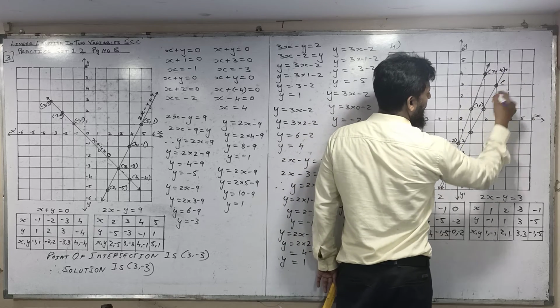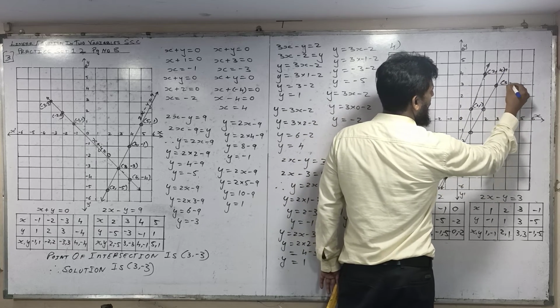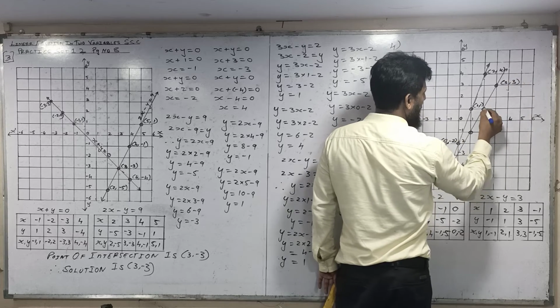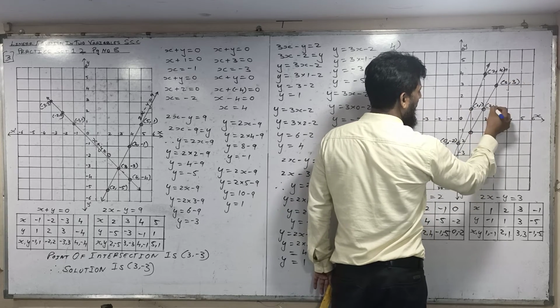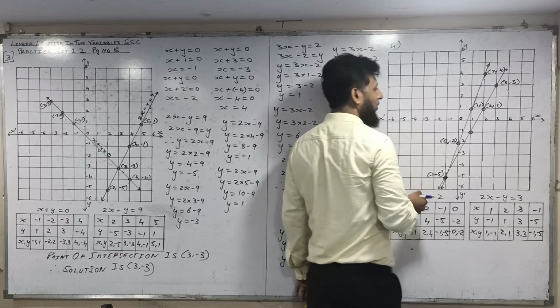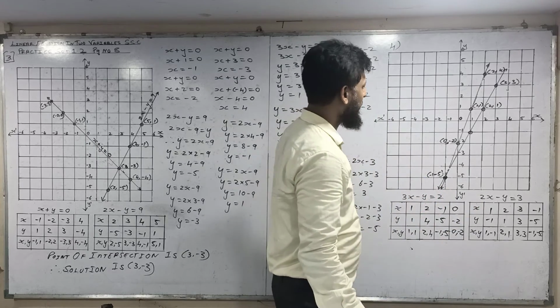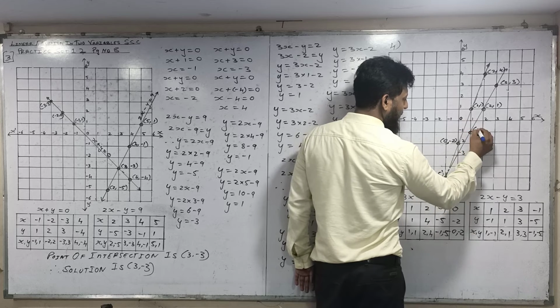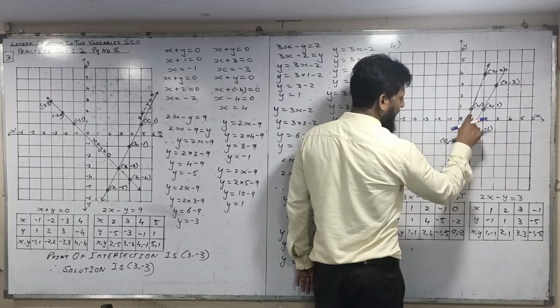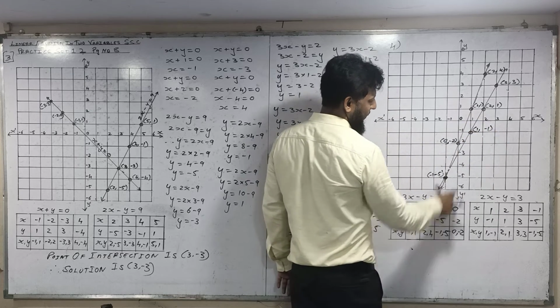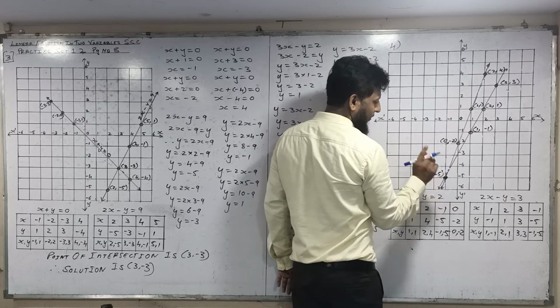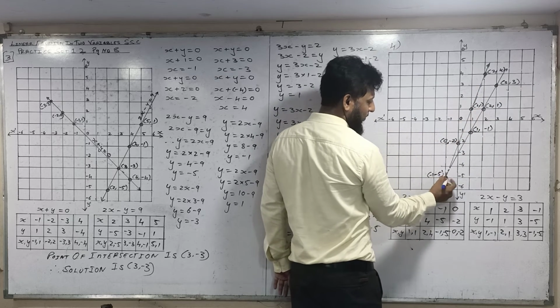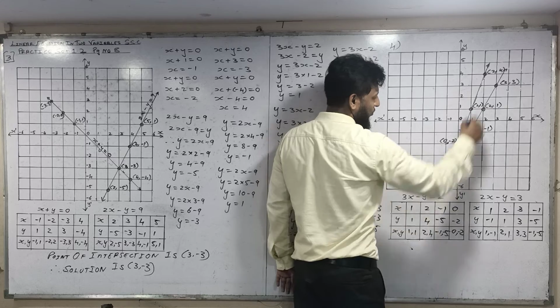Then this point x value 3, y value 3. This x value 2, y value 1. You can write afterward also this point after drawing the lines. So x value 1, y value minus 1, 1, 2, 3 and 4th point. So this is the point of intersection of these two lines.